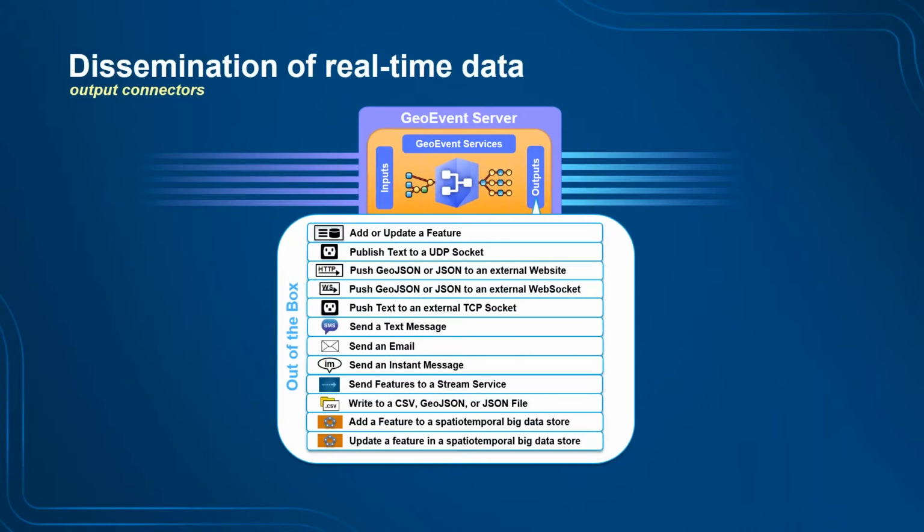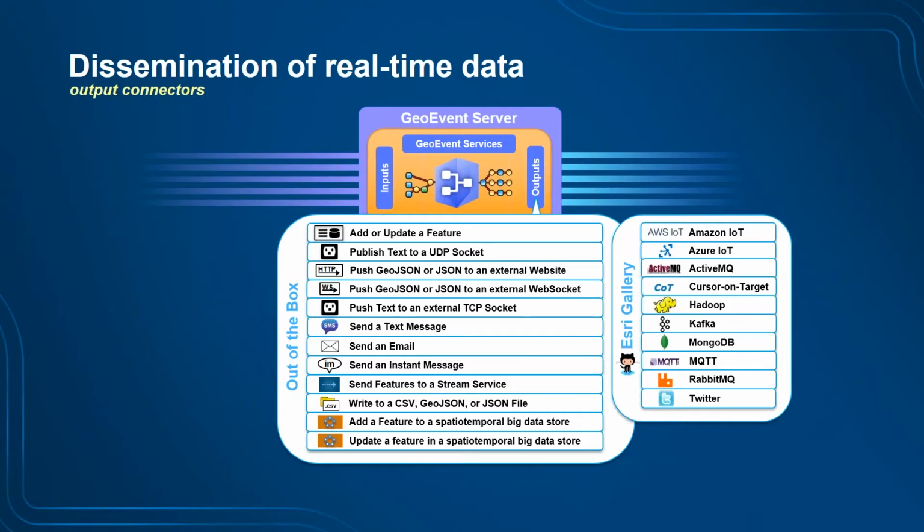And then finally, output connectors. Very similar to input connectors, they are entirely dependent on the type of data format that needs to go out and the destination that it needs to go to. You might choose an output connector to send an email, which obviously fits a very different need than writing Esri features into a feature service. But we have a number of connectors that are already available that you can use and configure for your own output requirements.